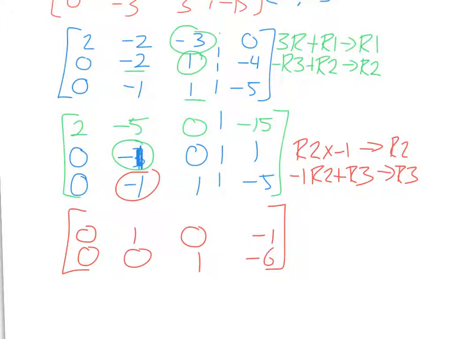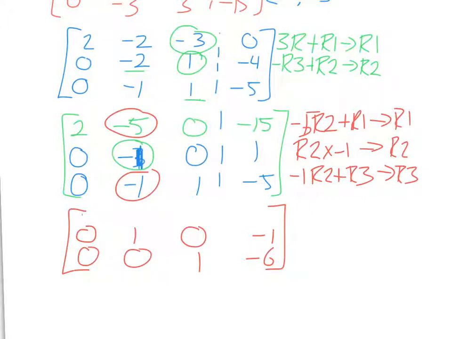And then if I want to get rid of the negative 5 up here, if we do negative 1 row 2, actually that has to be negative 5 row 2, plus row 1. And replace that with row 1.